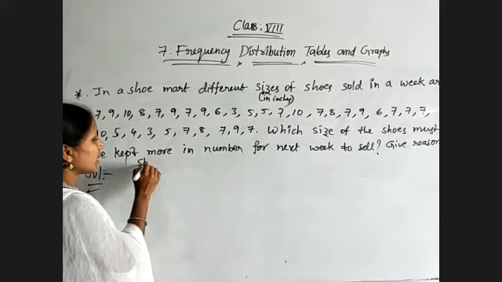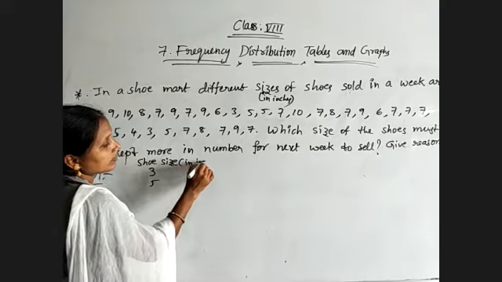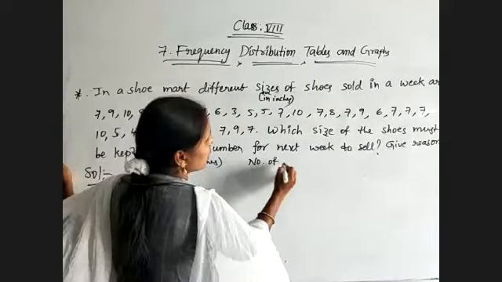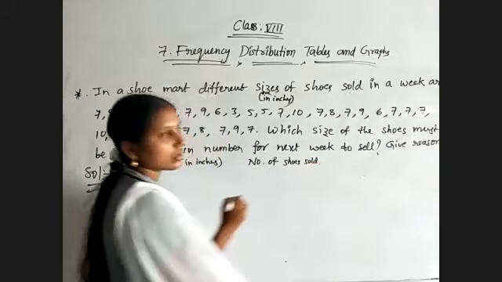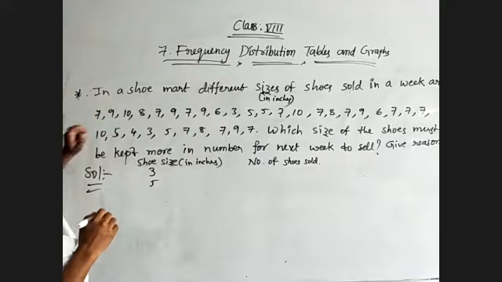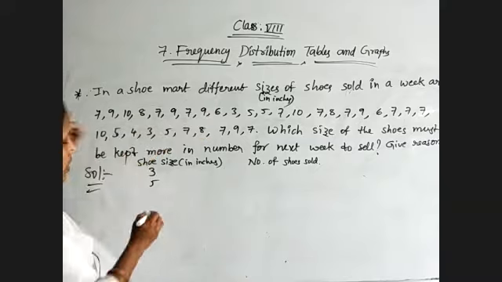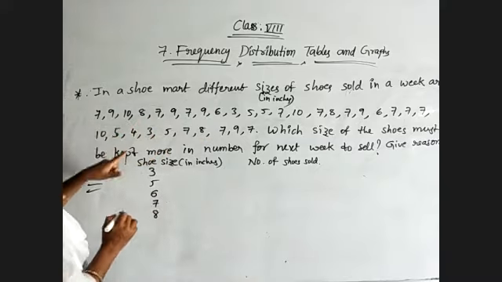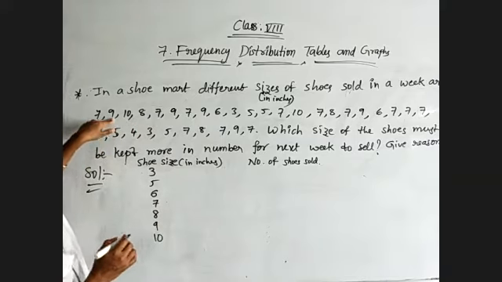So here I am writing shoe size in inches and number of shoes. So 3, 5, 6 is there. 7 also we have, 8 also is there, 9 also we have, 10. The maximum number we got here is 10 only.